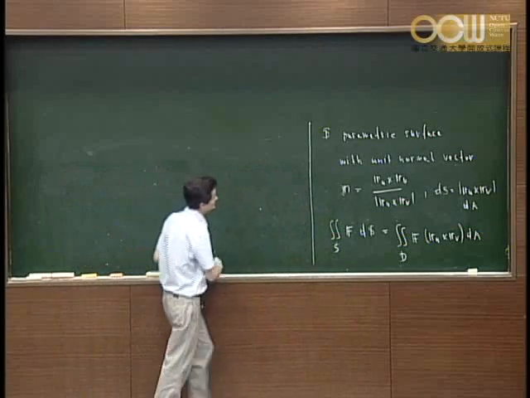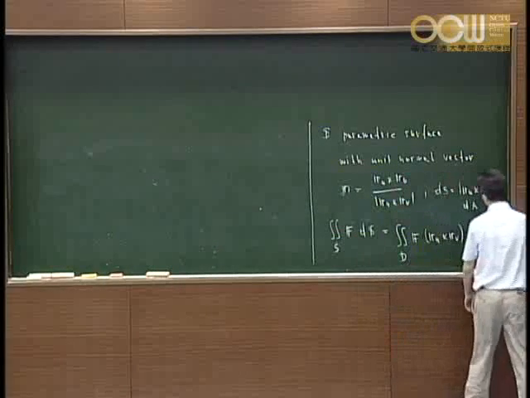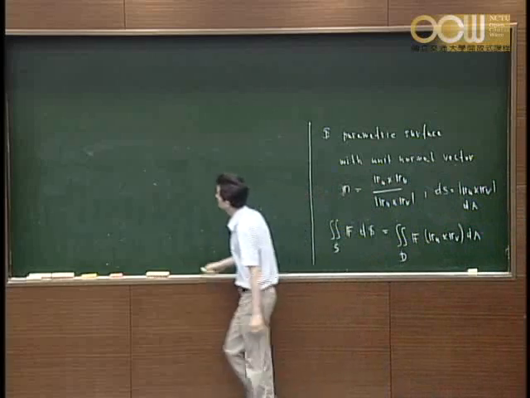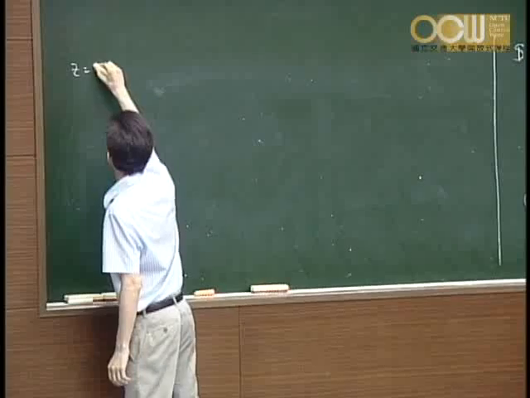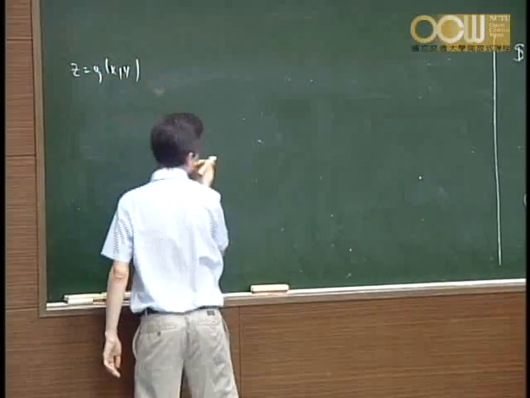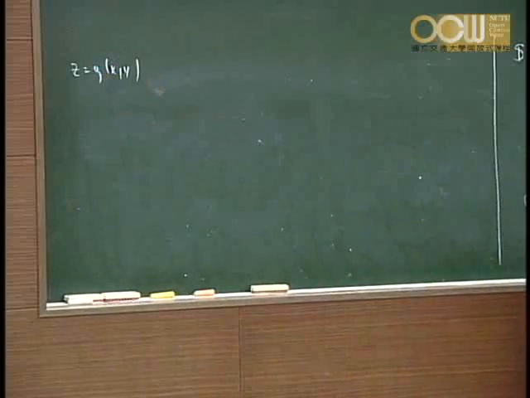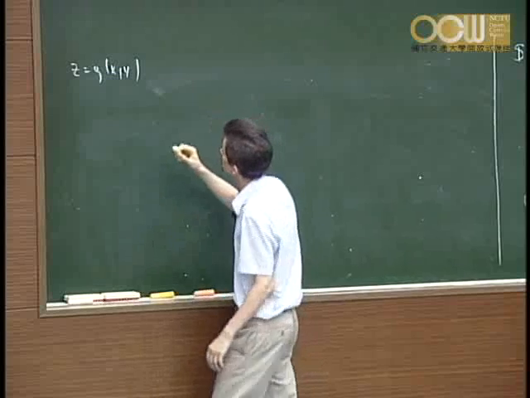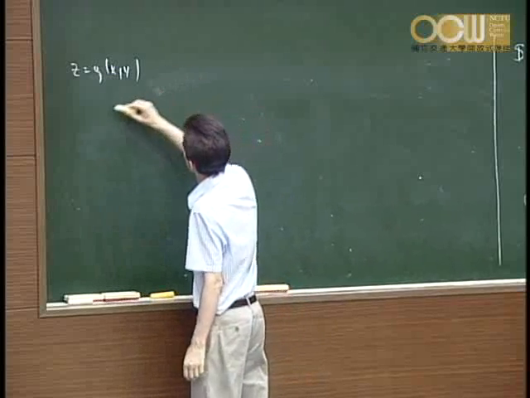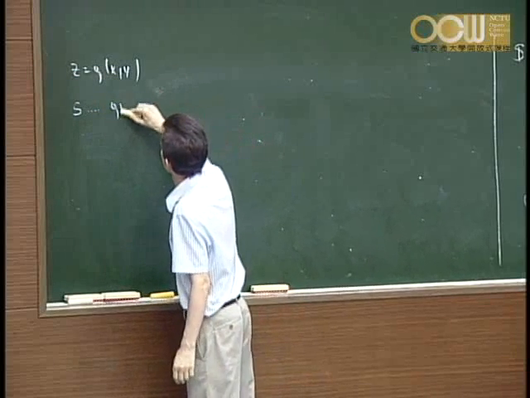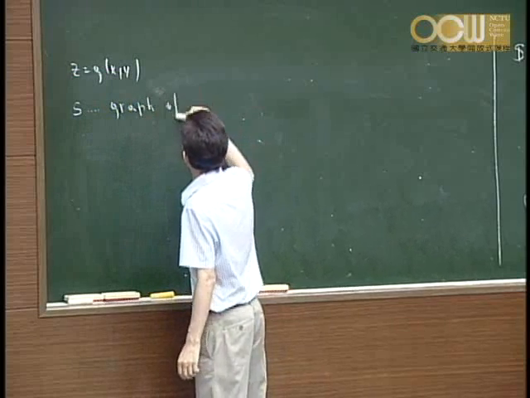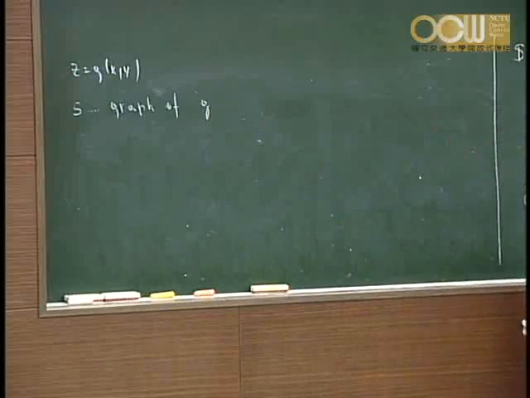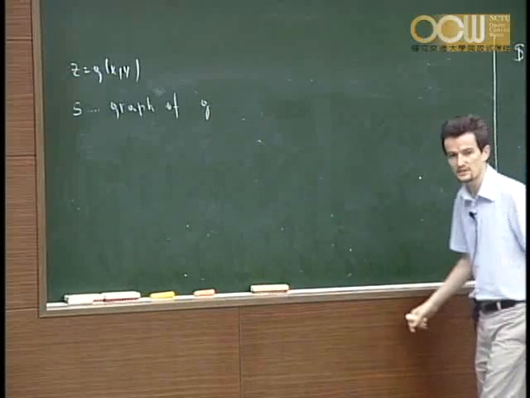And if we specify this situation even more, namely if our surface is given by a function of two variables, S is the graph of G, and we choose the orientation, what we call positive.